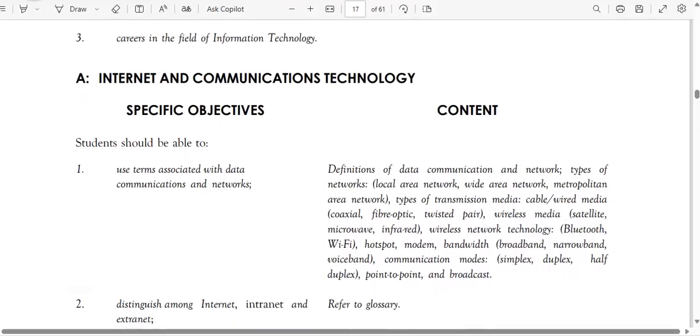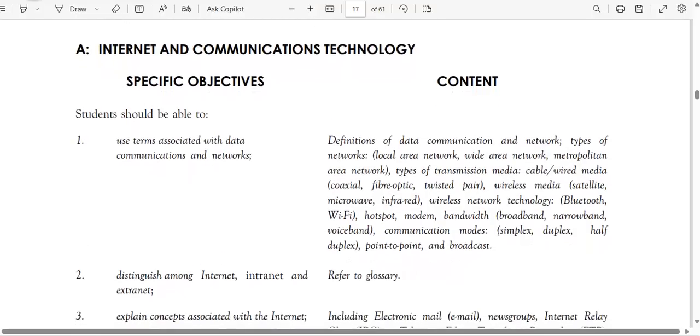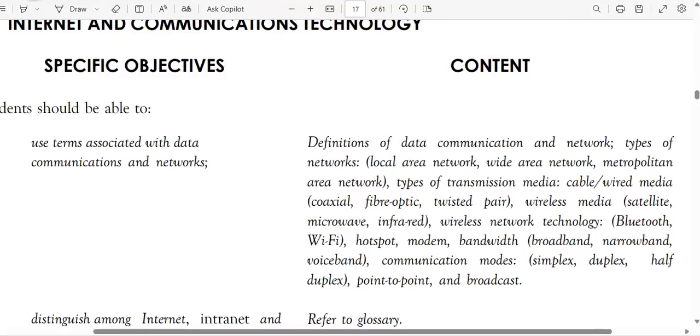If you're going to answer questions from this section, there are objectives that you must know, and we're going to try to go through these objectives as much as we can in this video. Students should be able to use terms associated with data, communications, and network. So we're going to define as many of these words as possible.